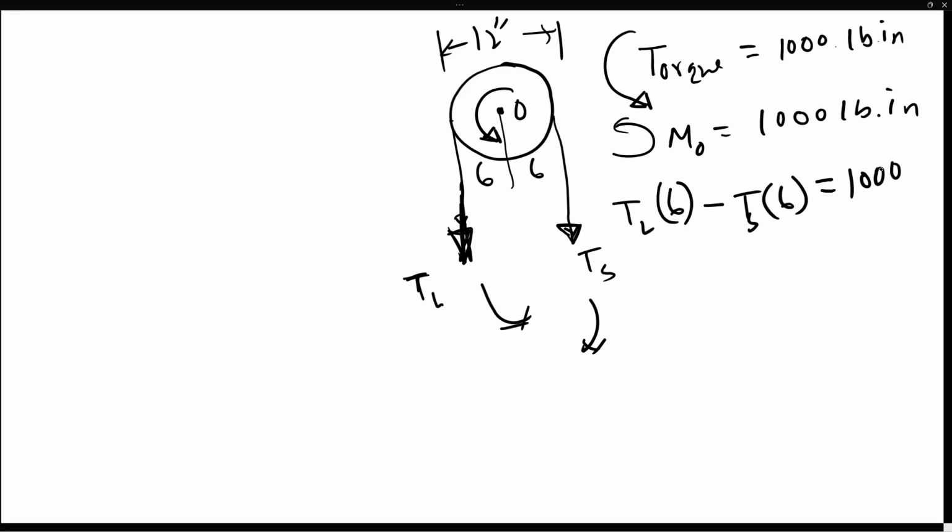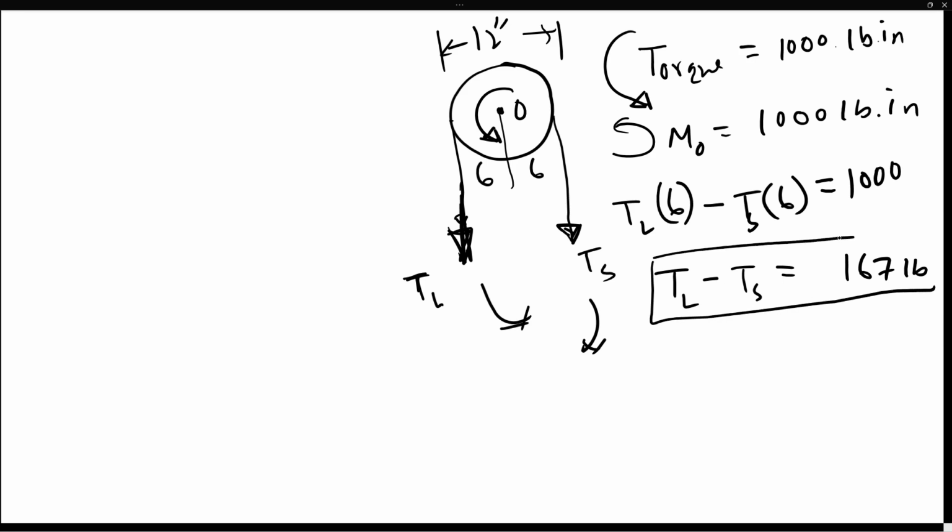If you do the calculation, TL minus TS is equal to, I found, 167 pounds, the difference between the tensions of these two sides.